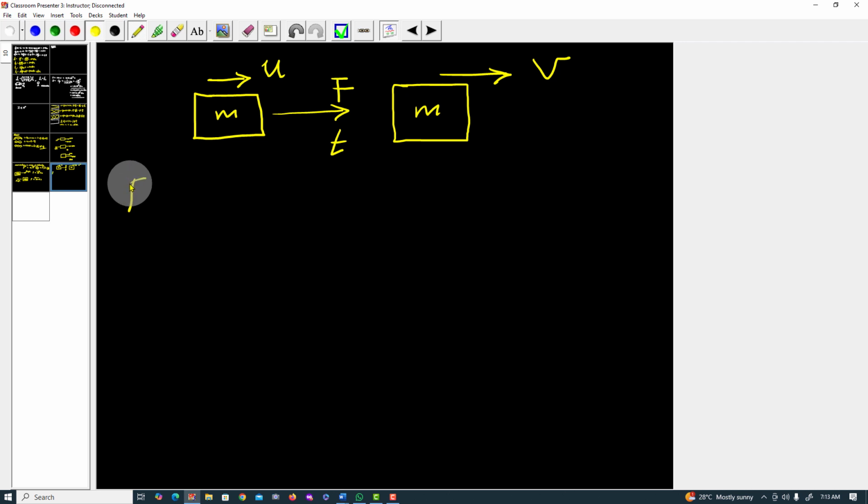We can determine its initial momentum, pi. The momentum it has here initially will be equal to its mass times its initial velocity. We can get its final momentum. After time t, its final momentum will be equal to its mass times the final velocity.